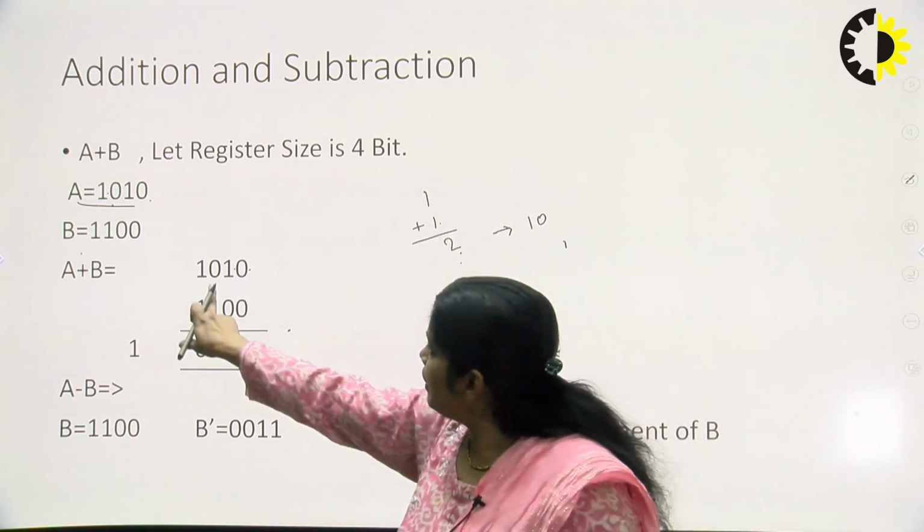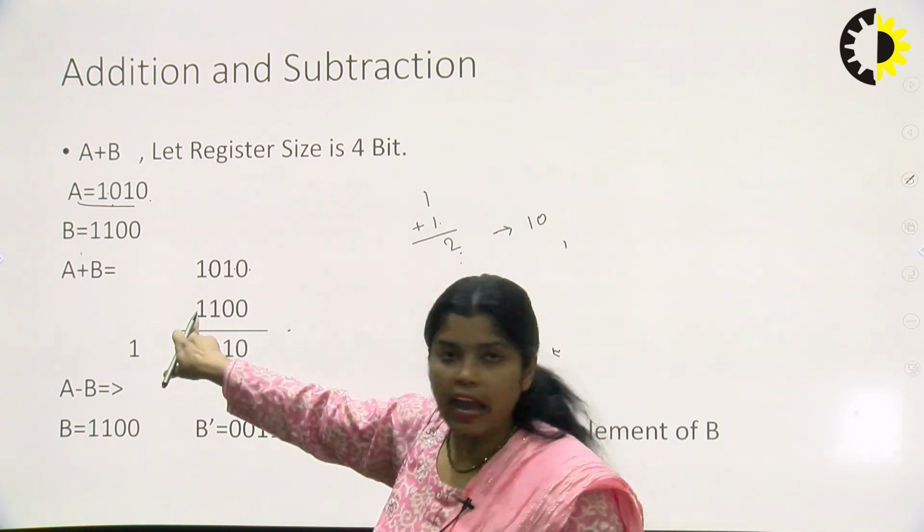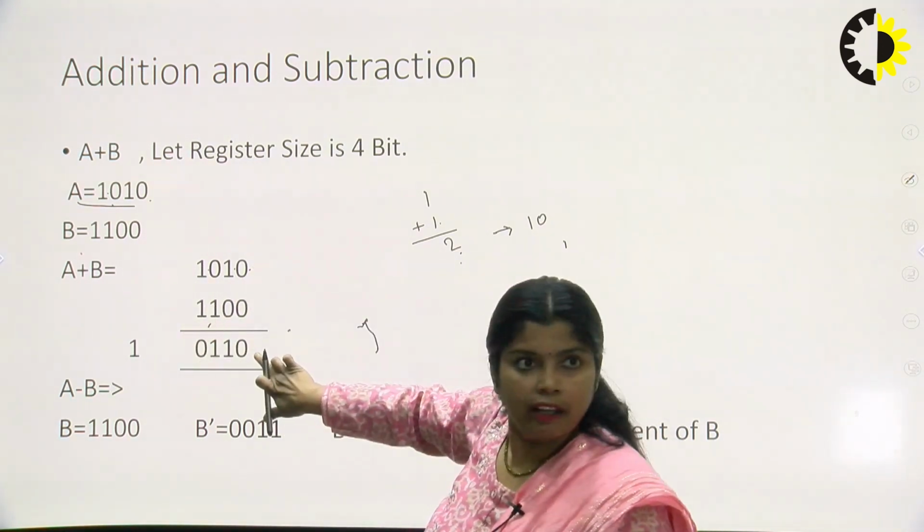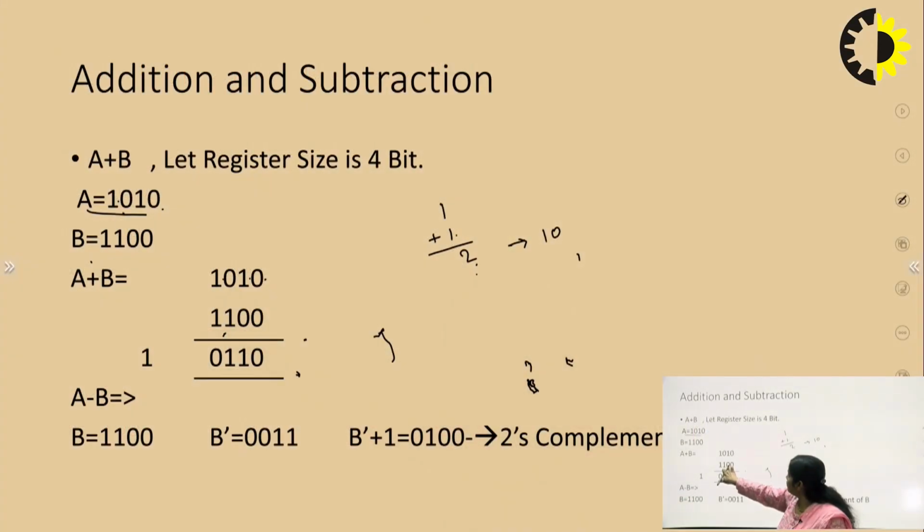So, 0 plus 0 is 0, and 1 plus 0 is 1, and 0 plus 1 is 1. This is simple. The last one is 1 plus 1. In 1 plus 1, that means 2, and 2 can be represented in binary as 1, 0.